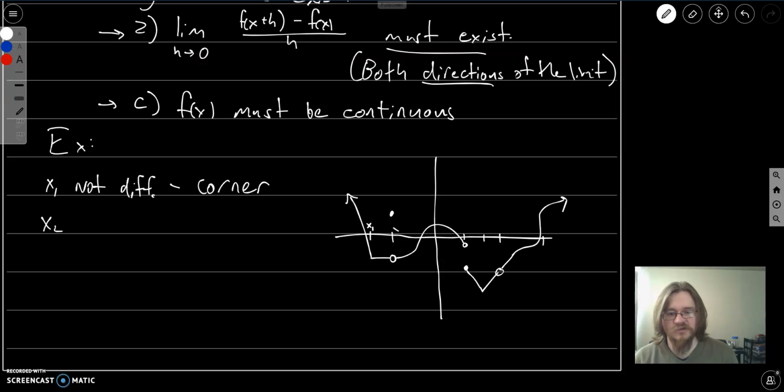At x2 right here, our function is not going to be differentiable because it's not continuous. Continuous, I abbreviate as CTS. If it's not continuous, we can't find the derivative there.